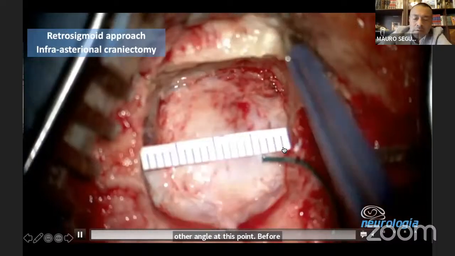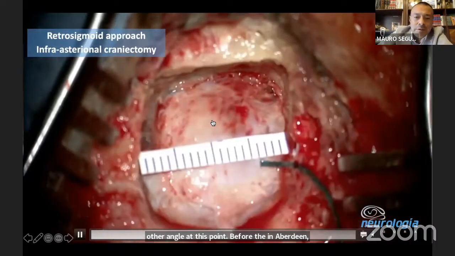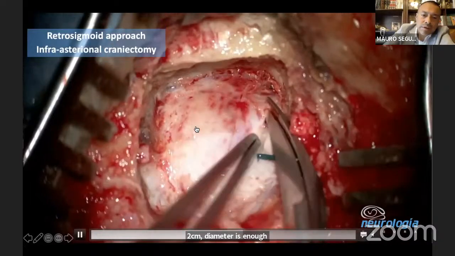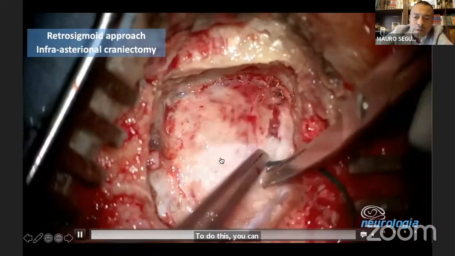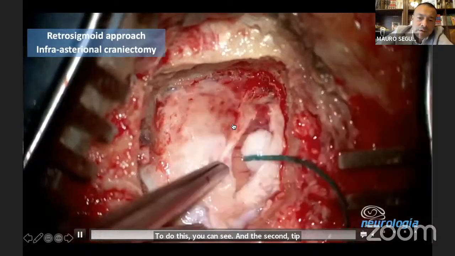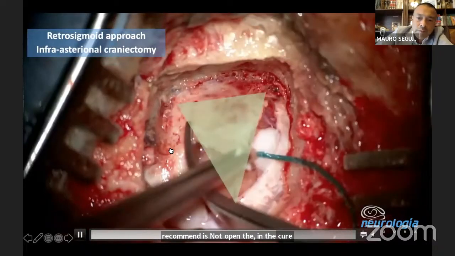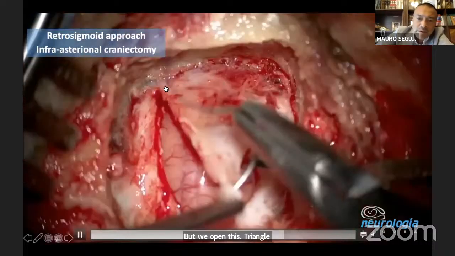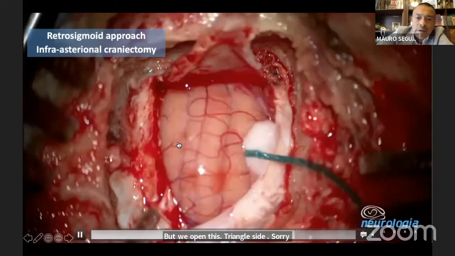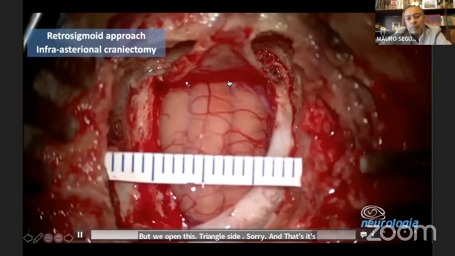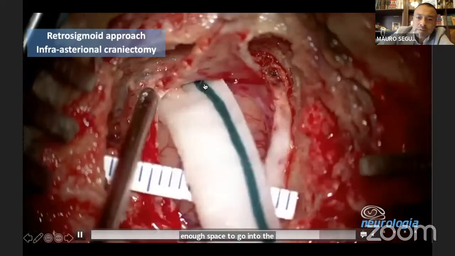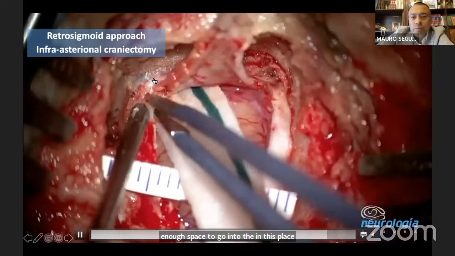On average, a 2 centimeter diameter is enough to do the surgery, as you can see. And the second tip that we recommend is not to open the dura in a curved line, but to open it in a triangle shape, and that is enough space to go into the pontocerebellar angle. At this point, it's sometimes very complicated to do the coagulation.